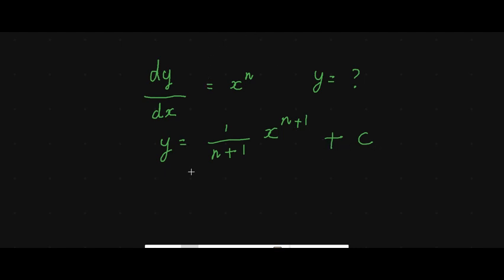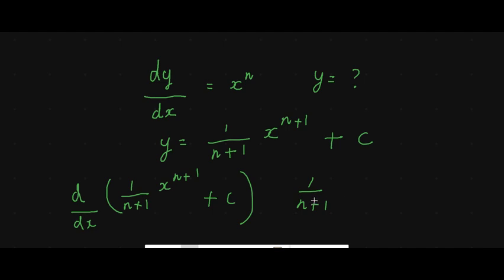Is this true? The easiest way to find out is to find the derivative. So take the derivative of 1 divided by n plus 1, times x to the power of n plus 1, plus c. Remember that 1 by n plus 1 is like a constant, like a 4 or a 5 or a 15, doesn't matter.